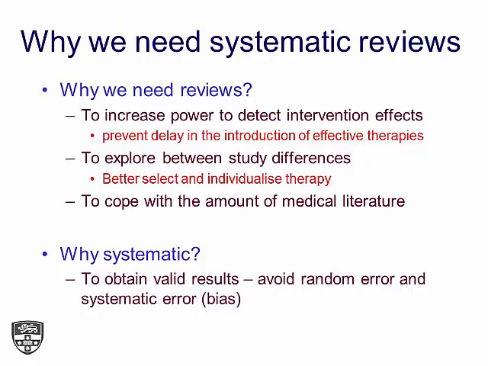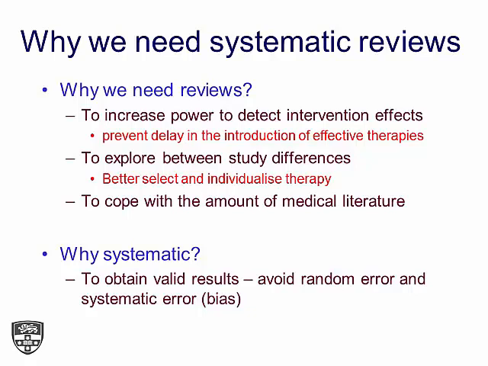We know, for example, that there are something like 750,000 randomized controlled trials in the health literature. That's far more than any of us can cope with. However, if these randomized trials were summarized in reviews, the literature becomes more accessible and potentially more informative.